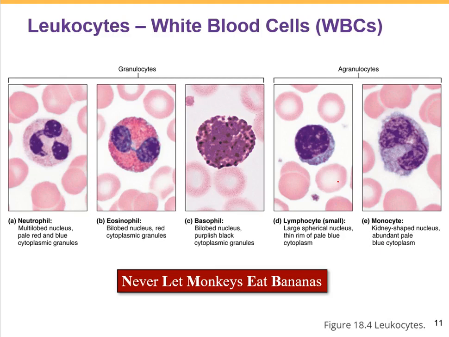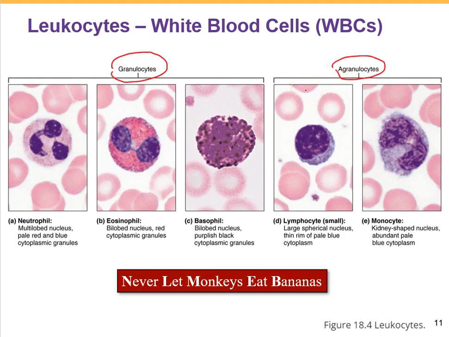Okay, now let's talk about the leukocytes or white blood cells. Leukocytes are broadly classified into two main categories based on their appearance under a microscope. We are going to divide them into granulocytes and agranulocytes.